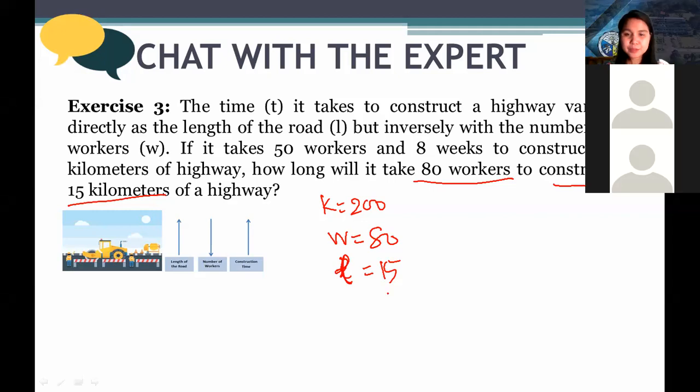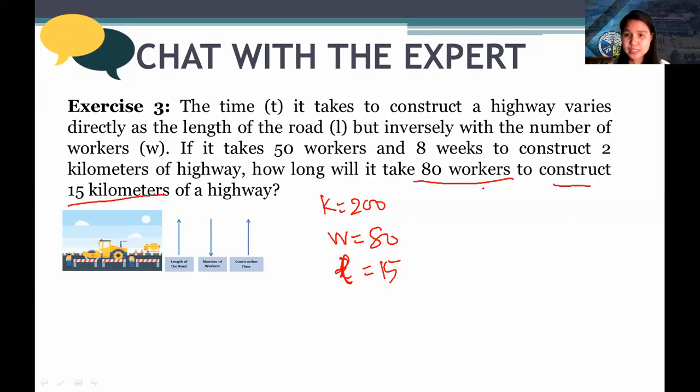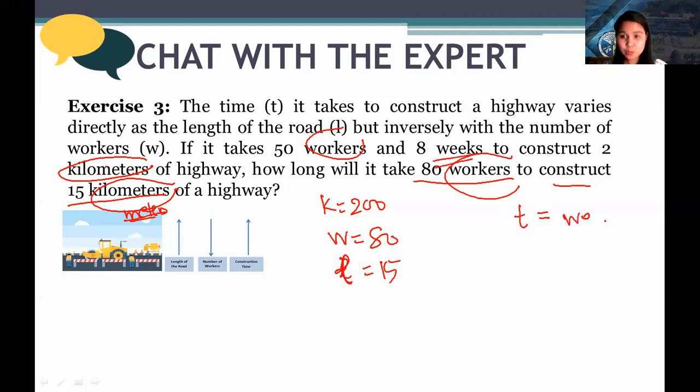For example, if we have workers here, we also have workers here. If we have kilometers here, be sure that the first given is also in kilometers. In case they are not the same, like the first is in kilometers, the next is only in meters, be sure to convert so that both of them will have the same unit of measure. And here, our time is in weeks. So the answer will be in weeks.